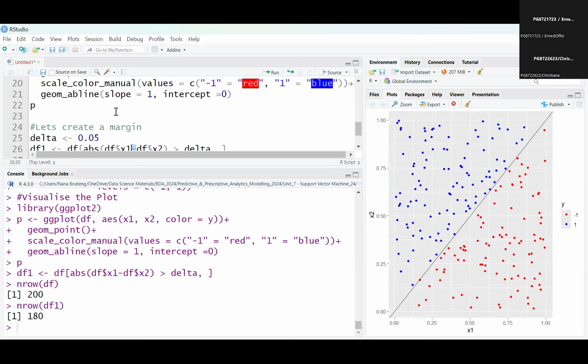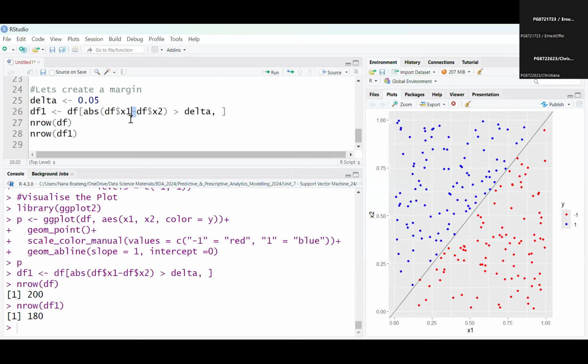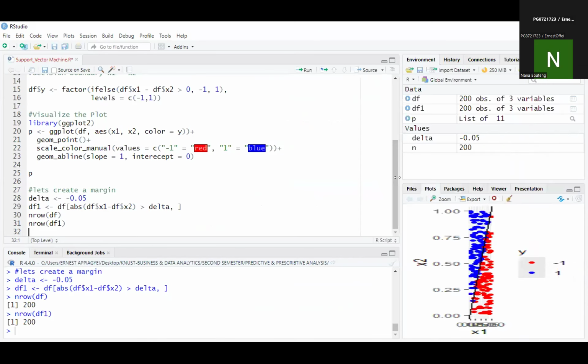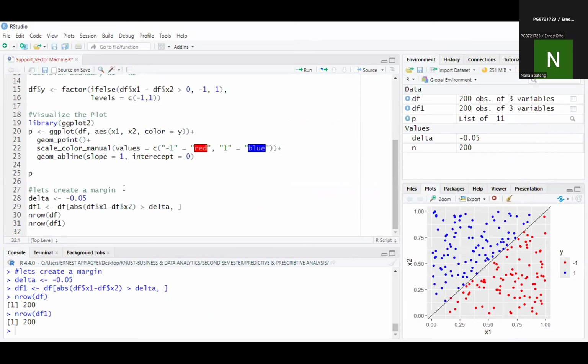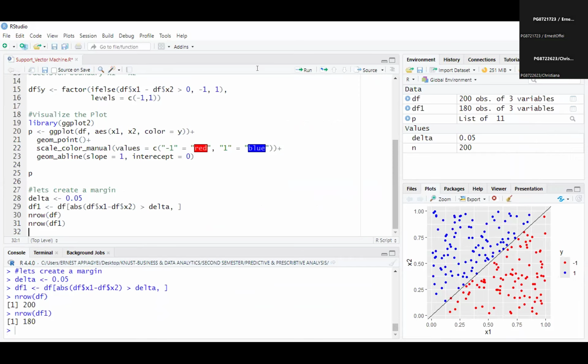Okay, let me have a look at your code. Can you see it now? Yes. No, your delta, you've made it negative 0.5, like line 28. You run it again. Okay, thank you, sir.